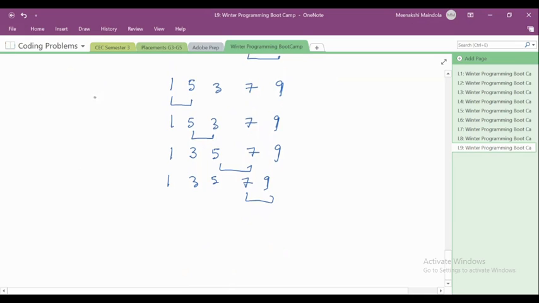You only run two loops starting from i, let us say, equal to 0 going up till n minus 1, and then another nested loop inside of the i loop. You have the j loop, and simply compare two adjacent elements and swap if they are not in the correct order. Okay, so that is about bubble sort.